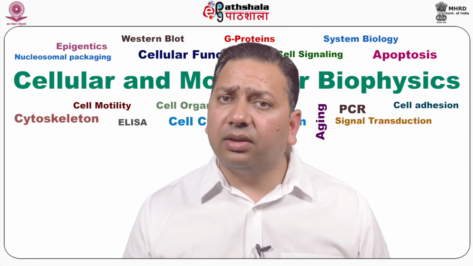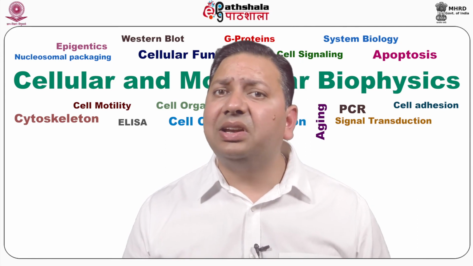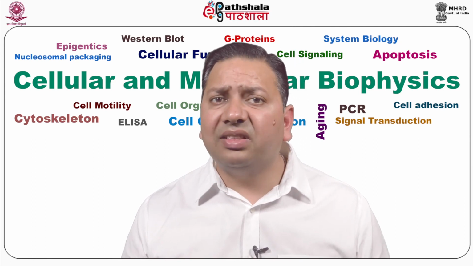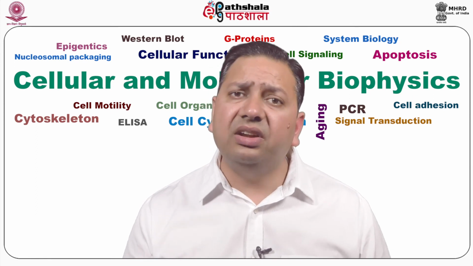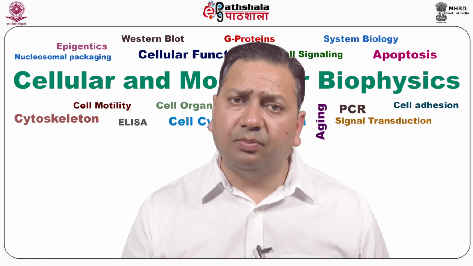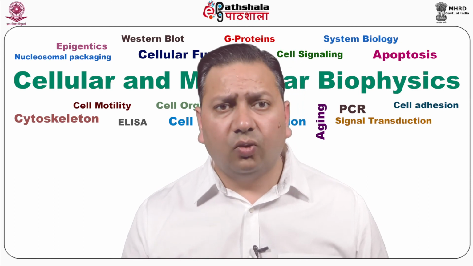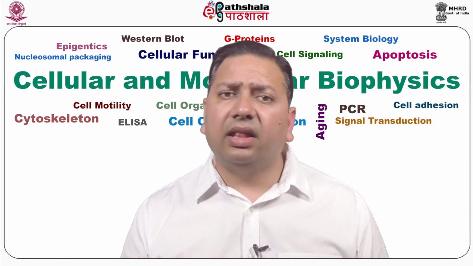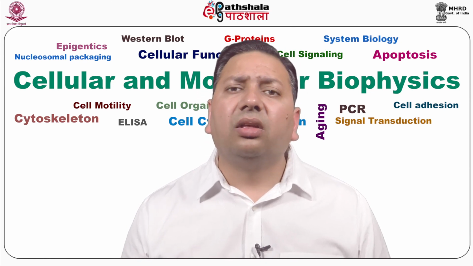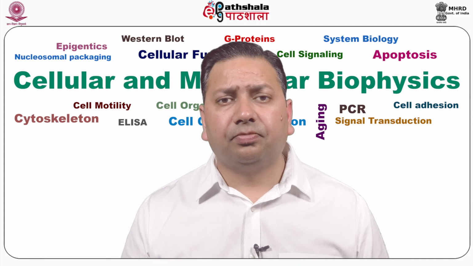The Notch delta pathway plays an important role in controlling cell fate decisions during development. Three different WNT signaling pathways have been characterized: the canonical, the non-canonical, and the non-canonical WNT calcium pathway.